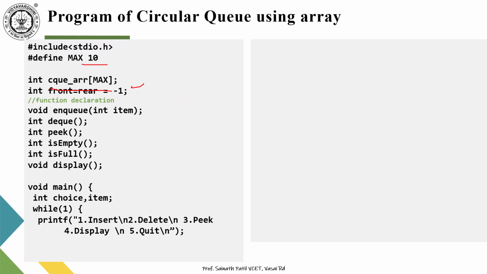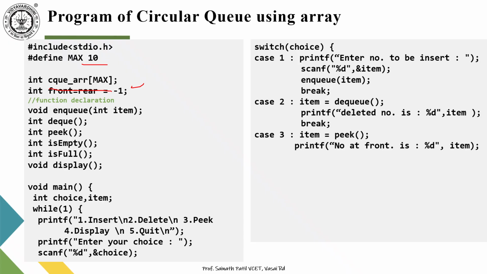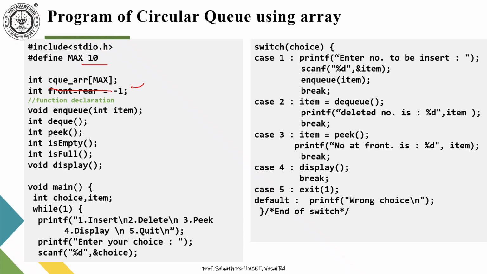And in void main, using a while loop, 1 to insert, 2 to delete, 3 to peek, 4 to display, 5 to quit. It is the same as that of the linear queue. This is the function for circular queue.